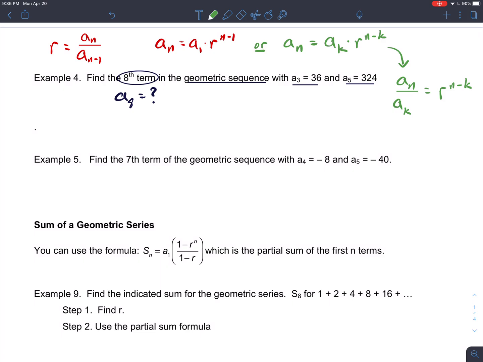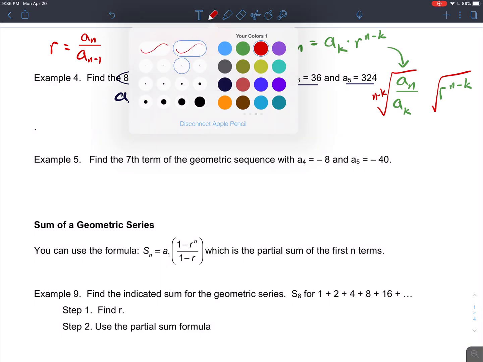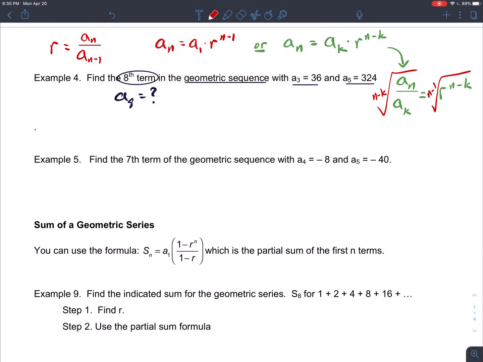Now I can't just take the square root, I have to take the n minus k root, whatever n minus k is. If that happens to be 2, great, but if it's not, I use whatever power it is supposed to be.